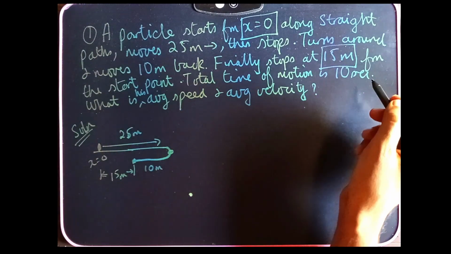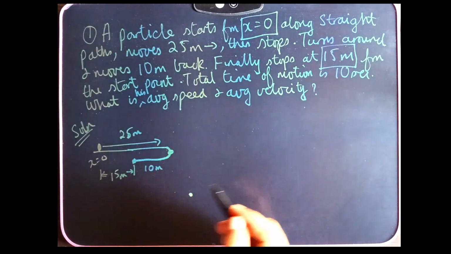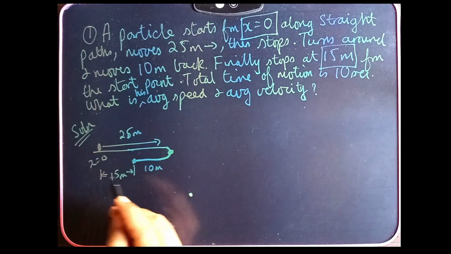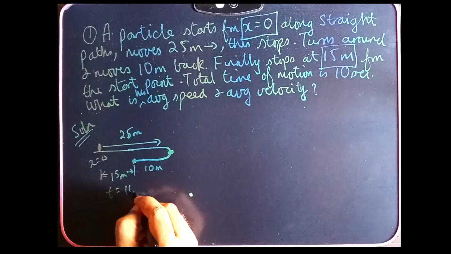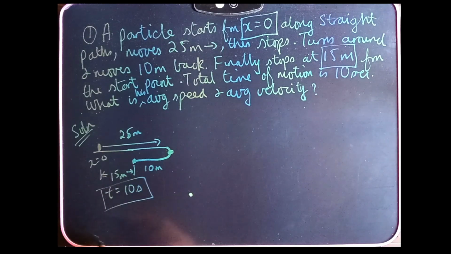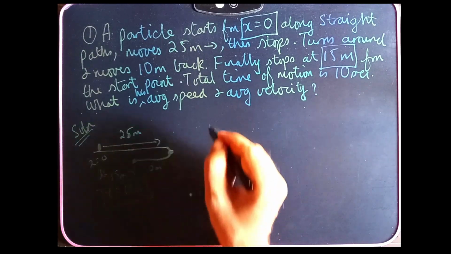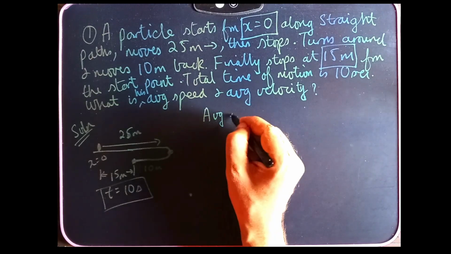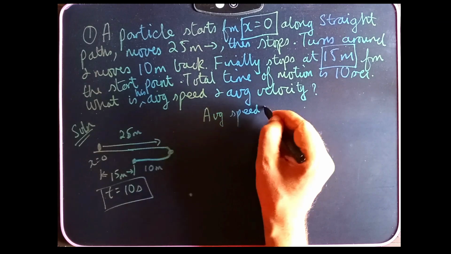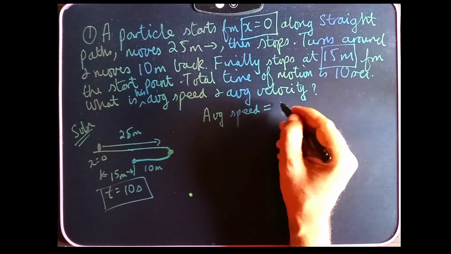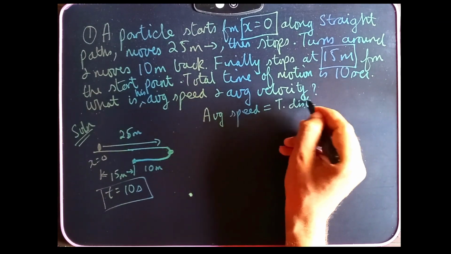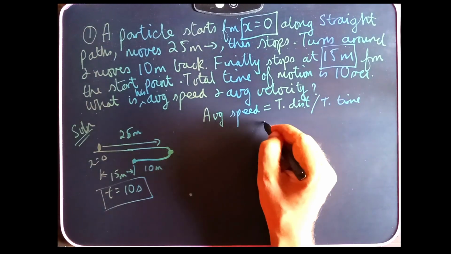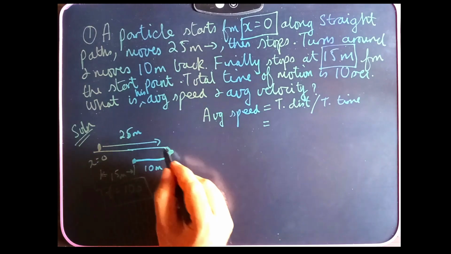Total time of motion is 10 seconds. That means the entire time is 10 seconds. So t is given as 10 seconds. This is for the full motion. What is the average speed? So what is the formula for average speed? Average speed is total distance by total time. What is the total distance? Total distance is the entire path traversed.